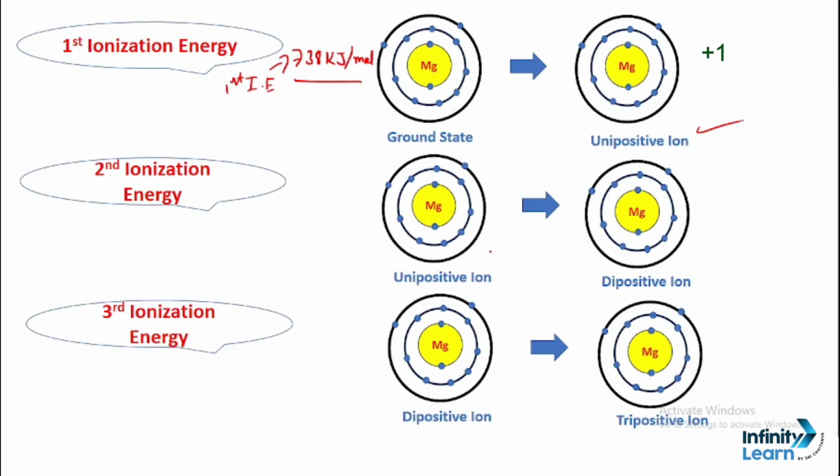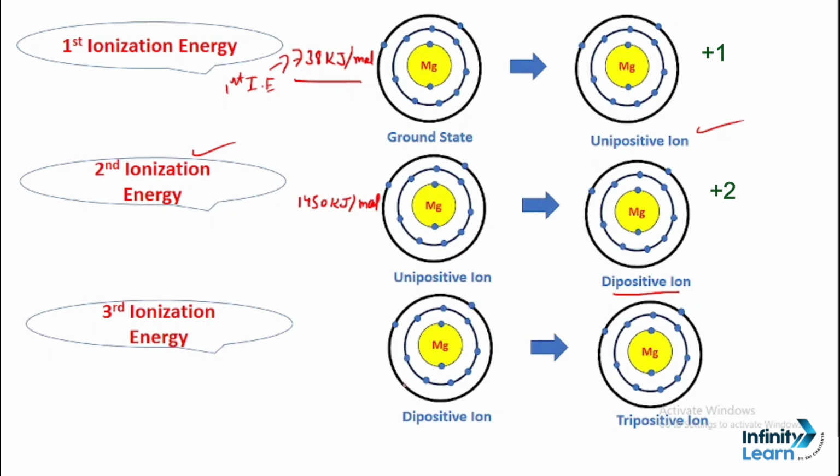Secondly, we take this unipositive ion of magnesium, and we add 1450 kilojoule per mole of energy to it, and it loses another electron and becomes a dipositive ion. So this 1450 kilojoule per mole of energy is known as our second ionization energy, as it converts a unipositive ion to a dipositive ion.